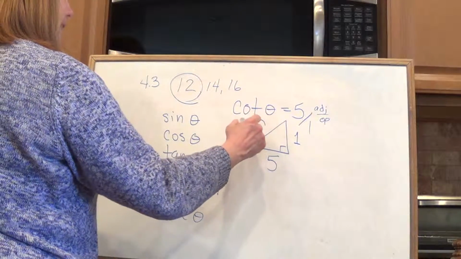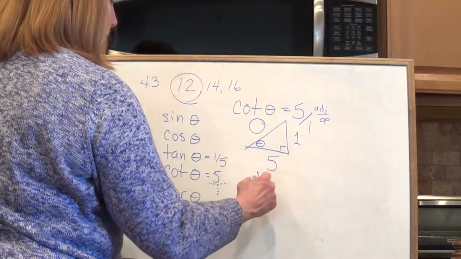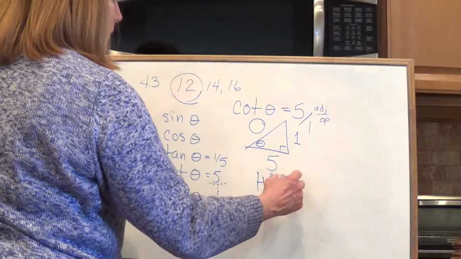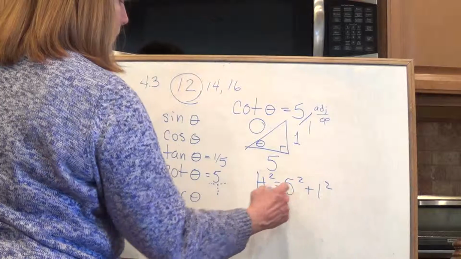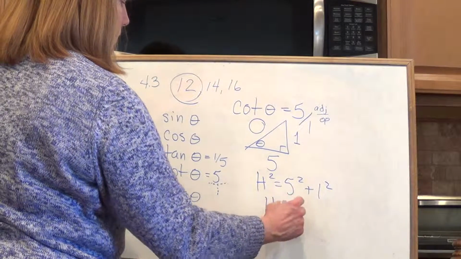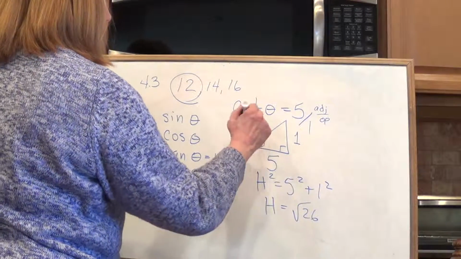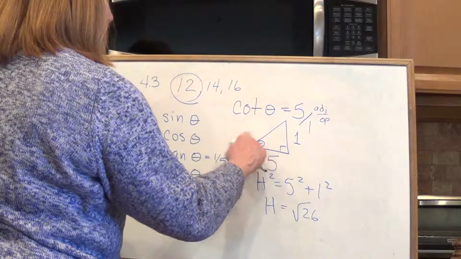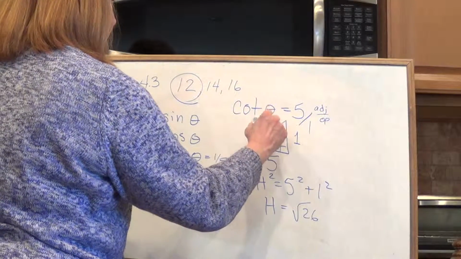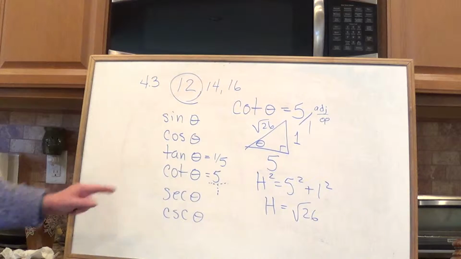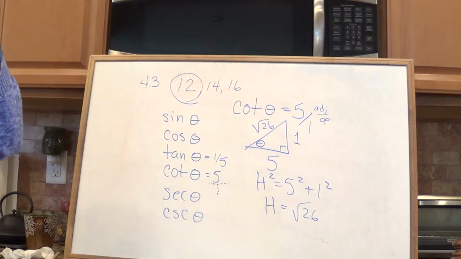So now Pythagorean will get us the hypotenuse. Hypotenuse squared is 5 squared plus 1 squared, where we get hypotenuse is the square root of 26. And leave it in that form. No decimals, so we're going to be exact and do square root of 26.